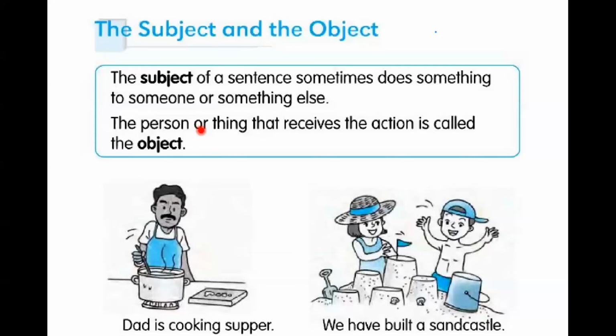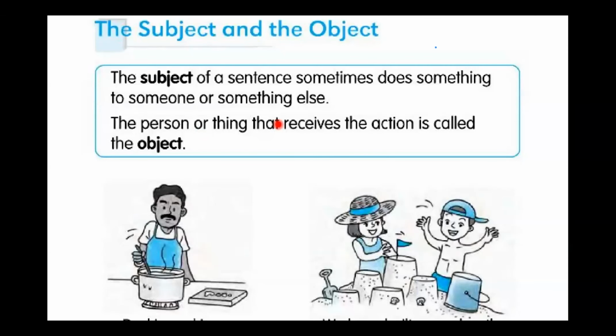So, what we have seen just now, the subject of a sentence does something to someone. Like, Sana is sleeping. Here the subject is Sana. She is doing something, some action.